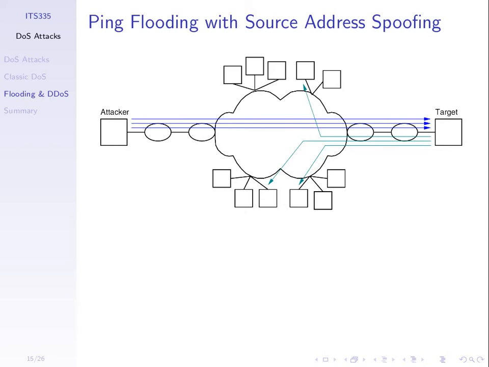This was an example where the attacker sends the ping messages, sets the fake source address such that A, the target doesn't know where they come from, so to hide, and B, such that the traffic doesn't all come back to the attacker and overflow the attacker's link. Okay, so it goes to others. So that was using a fake source address. So the attacker sends a message, the target receives and replies to others.